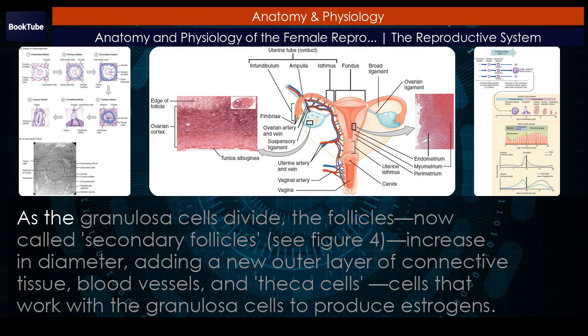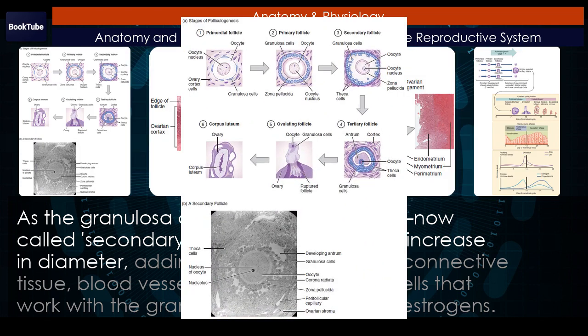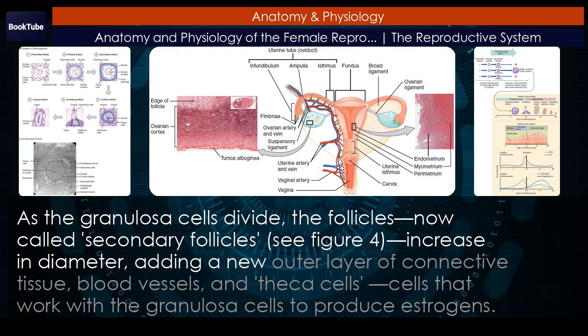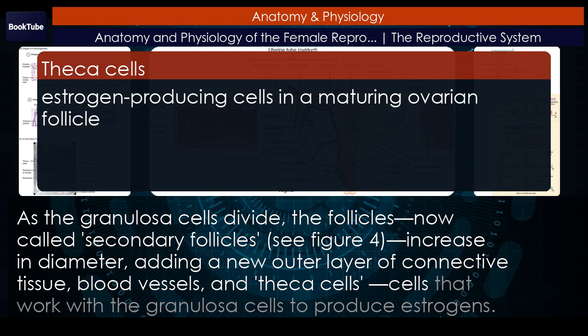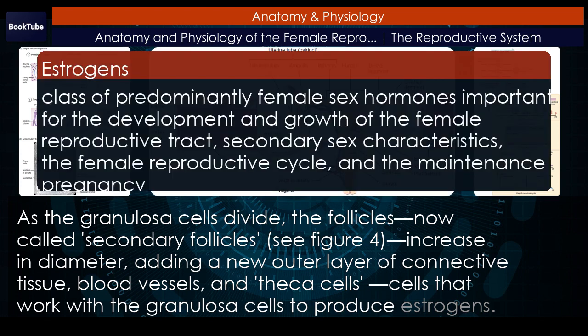As the granulosa cells divide, the follicles, now called secondary follicles, see Figure 4, increase in diameter, adding a new outer layer of connective tissue, blood vessels, and theca cells, cells that work with the granulosa cells to produce estrogens.